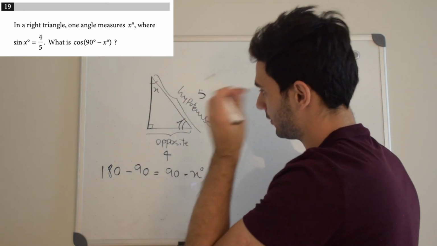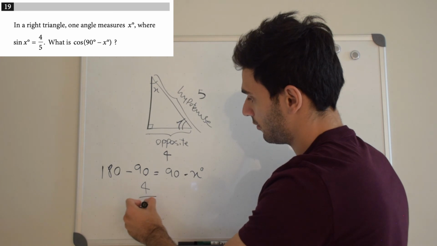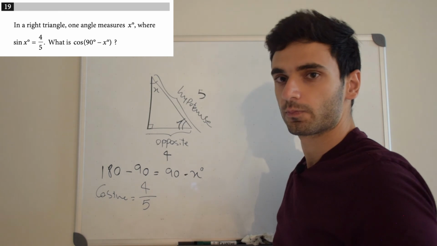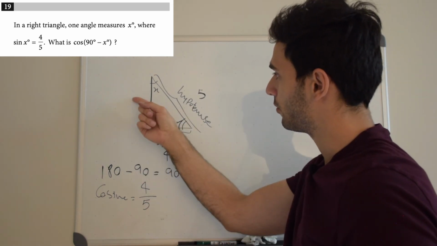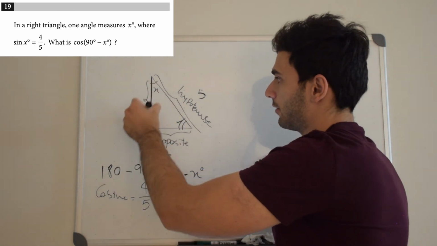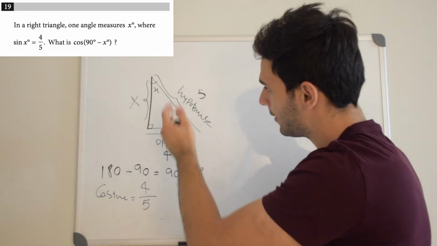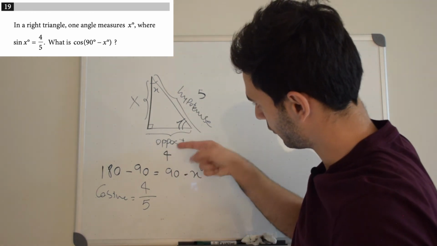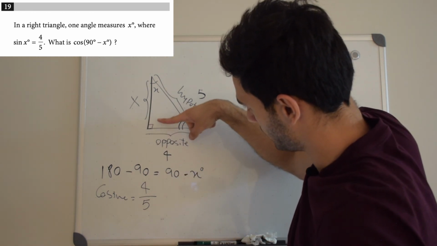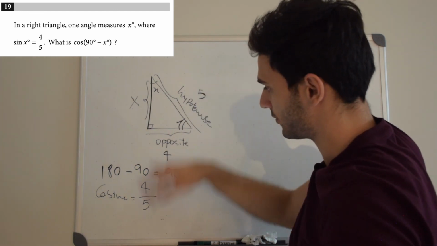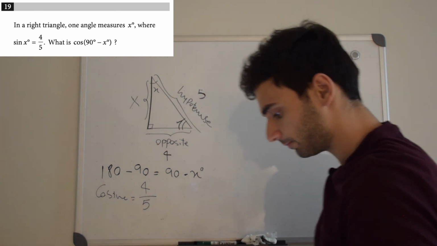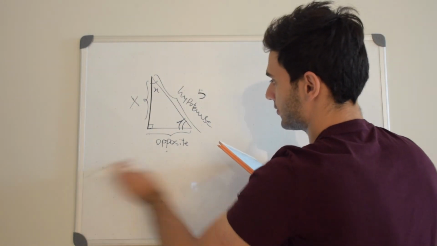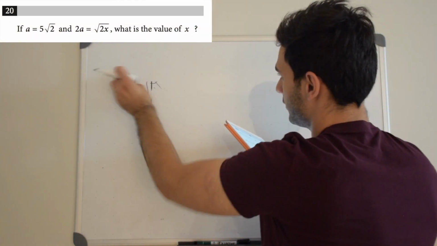Adjacent over hypotenuse. 4 over 5. We don't even need to find this side. For this angle, this is adjacent, and this is the same hypotenuse. Then it's going to be 4 over 5. And that is the last one in this no calculator part.